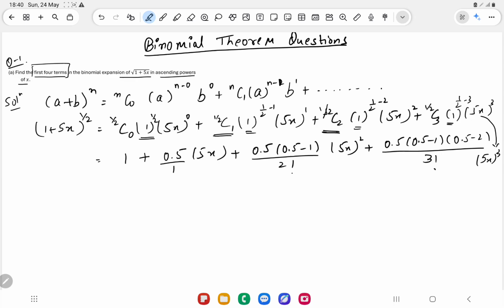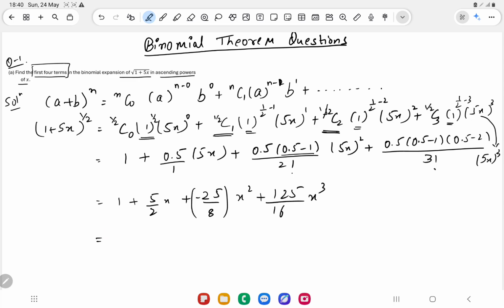Now to simplify this further, I will get 1 plus 5 by 2 x. The next one will be, 0.5 minus 1 will be minus 1, so I can write it as 25 by 8 but with a negative sign, multiplied by x square, and the last one will be 125 by 16 x cube.